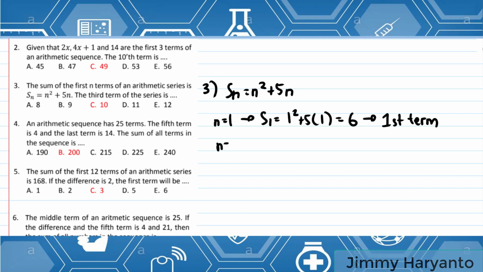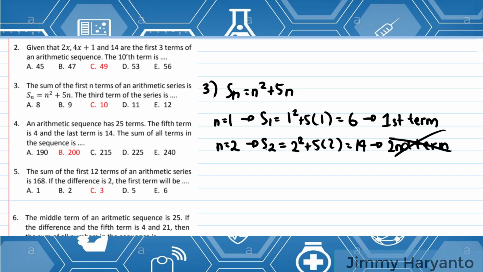And then we will put n equals 2. N equals 2 means S2. S2 is 2 squared plus 5 times 2. It will be equal to 4 plus 10, 14. Okay, this 14 is not the second term because we have S2, not U2.